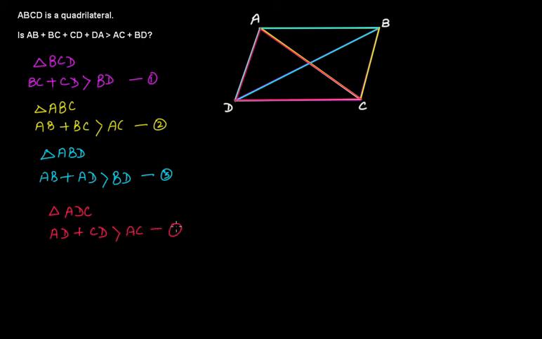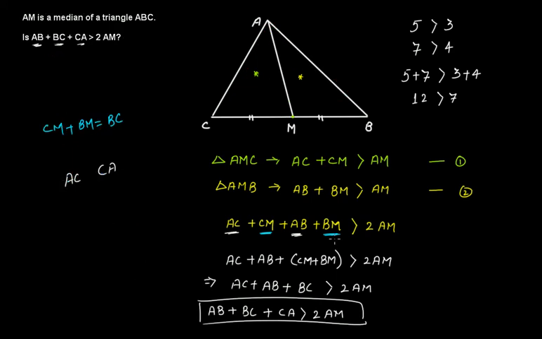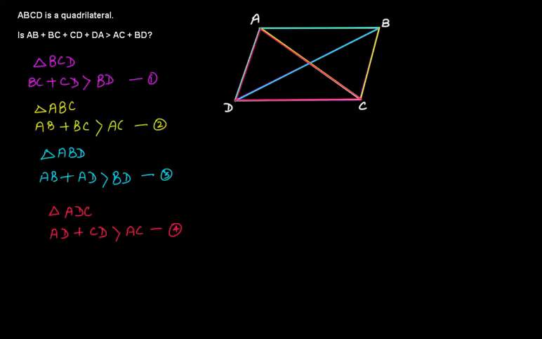This is 4. If I add these 1, 2, 3, 4 together, similarly to what we did in the previous case, we add 1 plus 2 plus 3 plus 4.